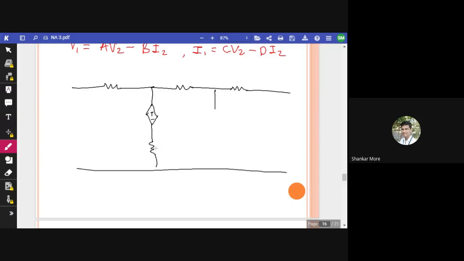Then we have a dependent current source here, again a resistance here. Values are 3 ohm, 1 ohm, 2 ohm. Its value is 2I1, its value is 2V2, 2 ohm, 1 ohm. This is the input port, that is V1, and we have voltage V2 at the output port. Current I2 should be flowing through this, and current I1 should be flowing through this.